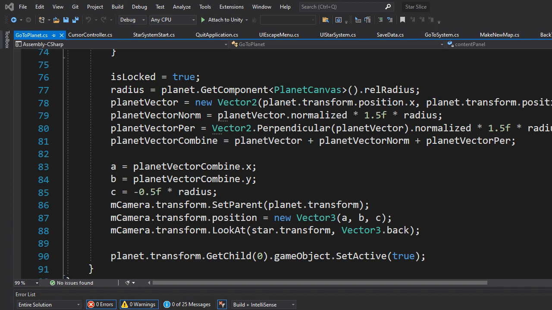The star's position in this system is already 0, 0, 0, like it is at origin. So what we can do is create a new vector from the planet's x and y coordinates, because it is on that xy plane. And a vector, think of it as a line between two points. In this case, it's a line between the origin and the planet.